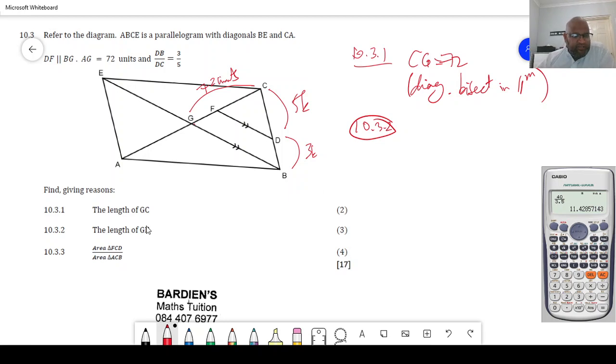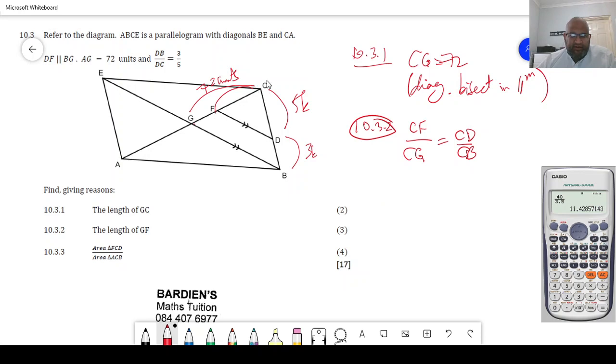the question says you must calculate the length of CF, which is this length here. So we know that CF over CG is equal to CD over, since I went with the whole length of CG, you must go with the whole length of CB. Make sense?